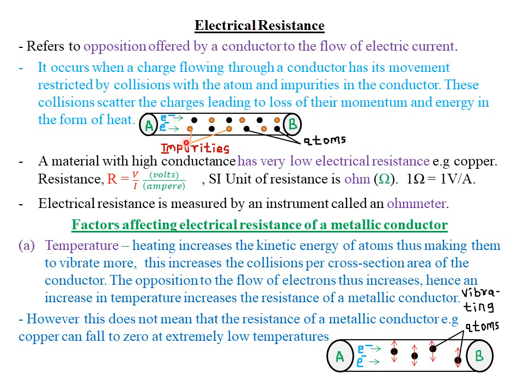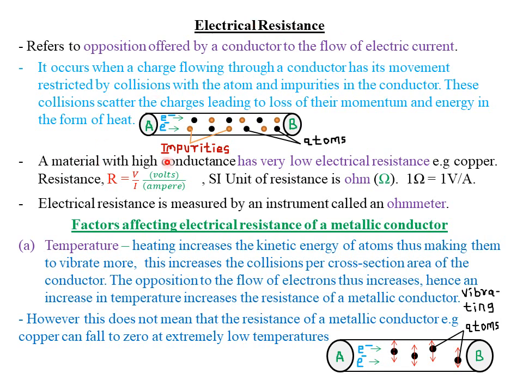These electrons are blocked by impurities and atoms within that conductor from moving smoothly from point A to point B. So that opposition offered by the impurities and the atoms within a conductor to the flow of electrical current is what we are calling electrical resistance.